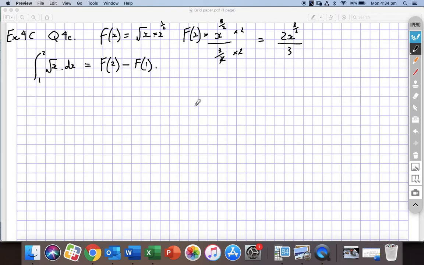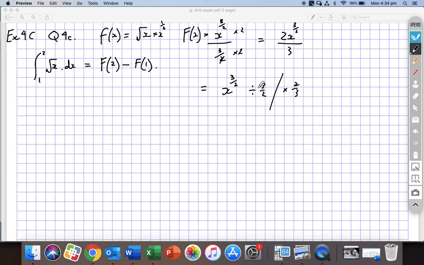Now, let me think. It might be easier for you just to get there in one step. What I mean is, given that your power went up to 3 on 2, and you know you have to divide by 3 on 2, you know that that's the same thing as multiplying by 2 on 3, right?